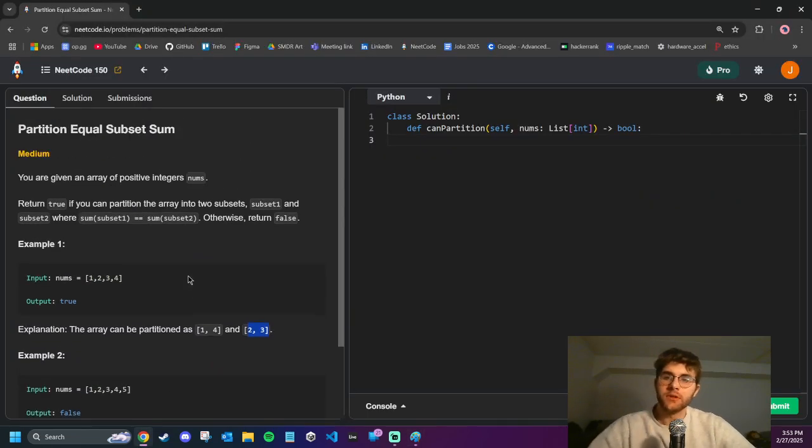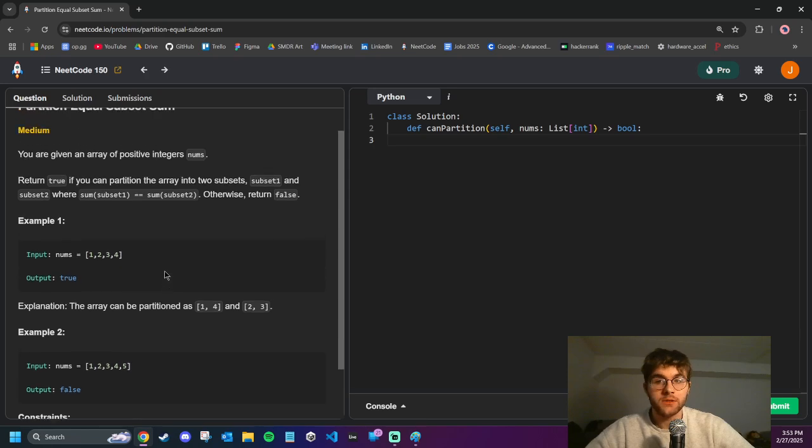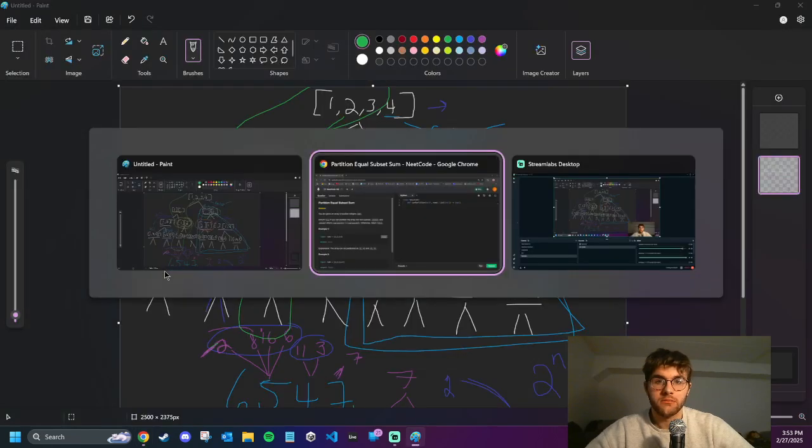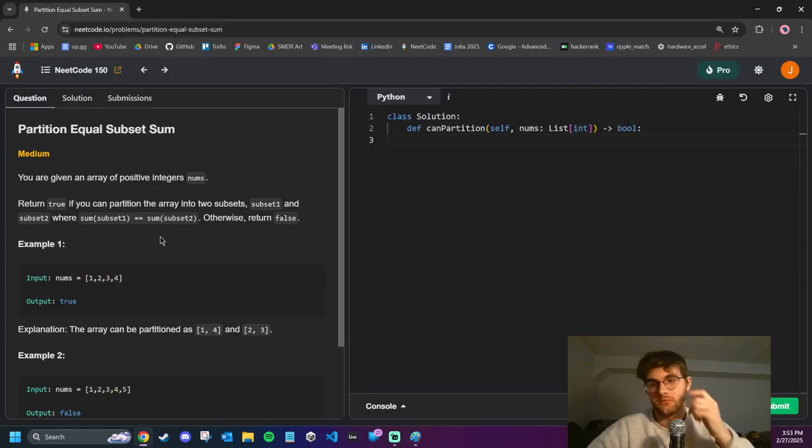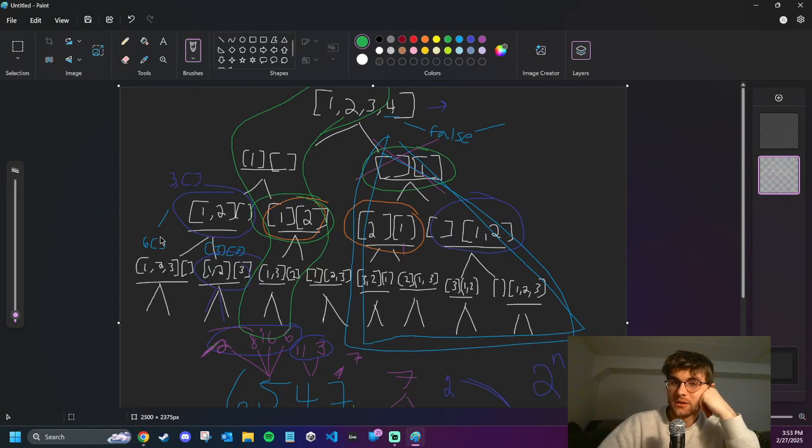It's not sorted. Could we sort it? Maybe that's actually a good trick. That might really help us, actually, if we sort it.